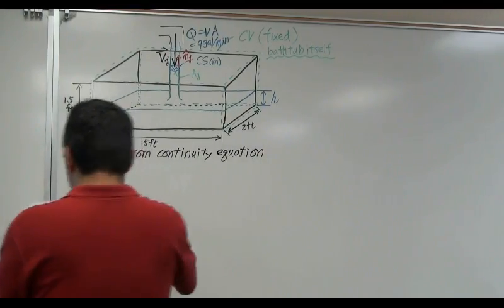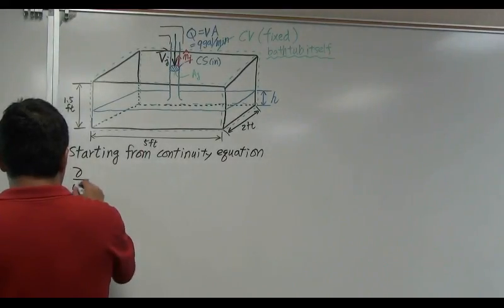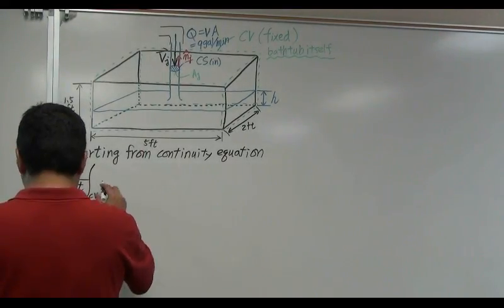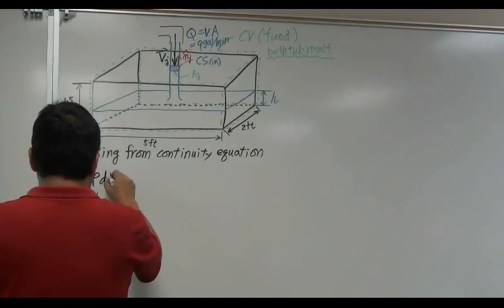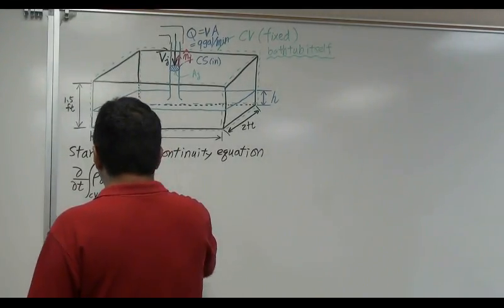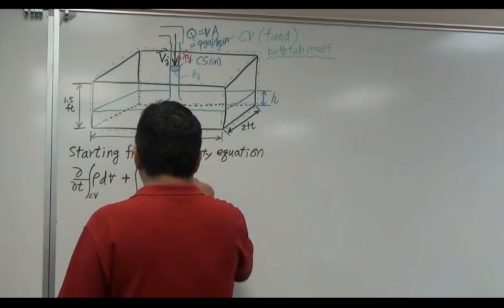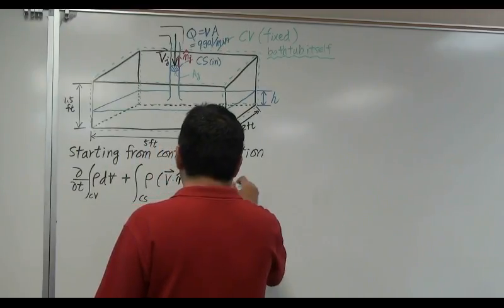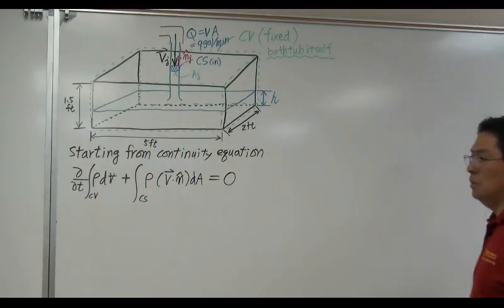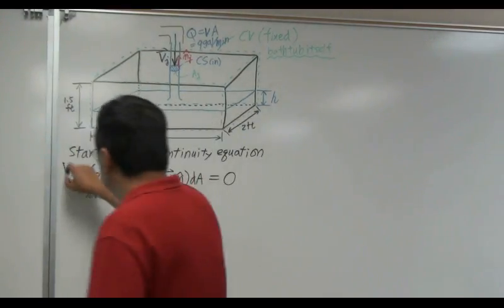So continuity equation is, of course, d/dt over CV of rho dV plus integral over CS of rho times V dot n dA is equal to 0. This is the continuity equation, the governing equation.